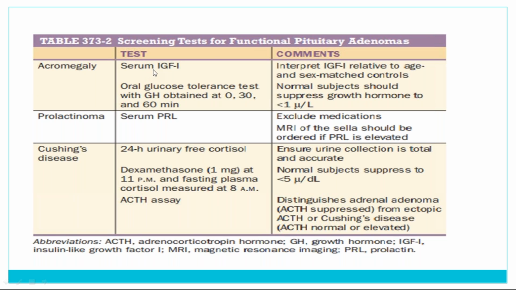Growth hormone ultimately will act on the end organs, and insulin like growth factor will come. So this is the final hormone through which the growth hormone acts on the peripheral organs. So growth hormone will act on the liver, and liver will produce insulin like growth factors, which will further act on the peripheral organs, target organs.